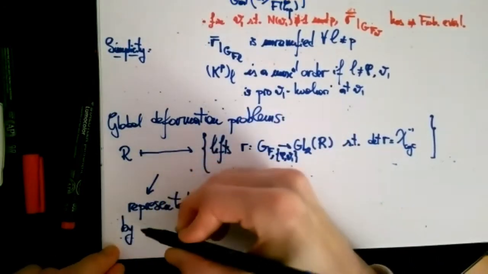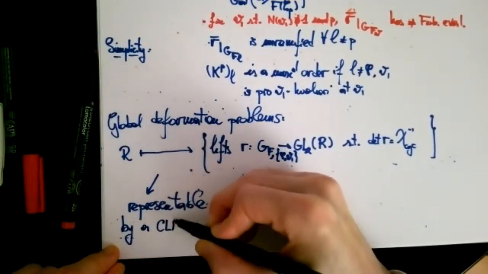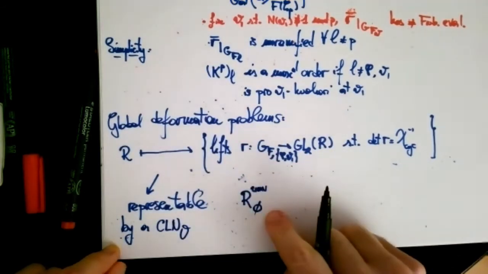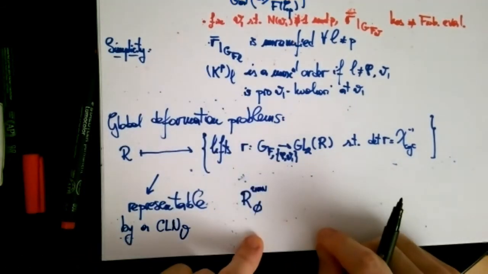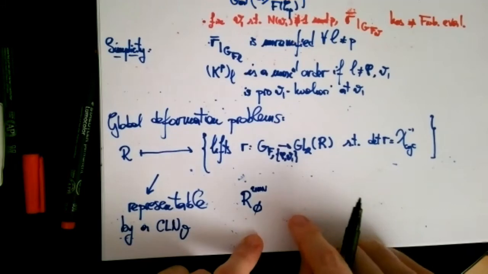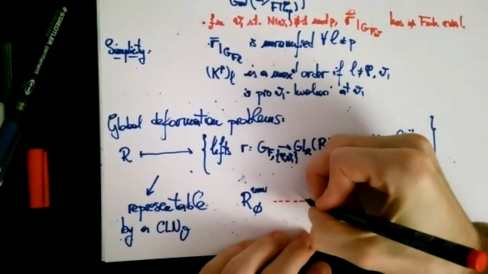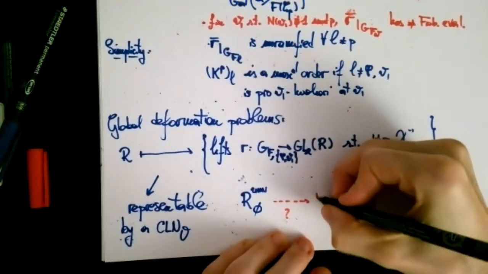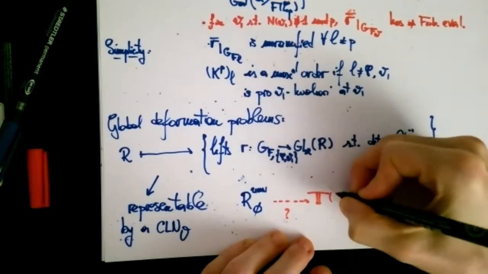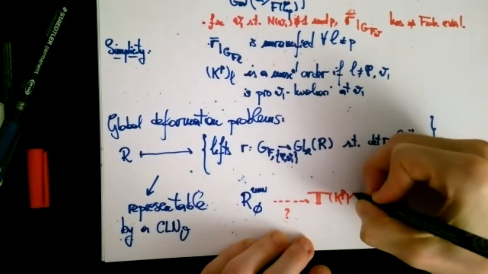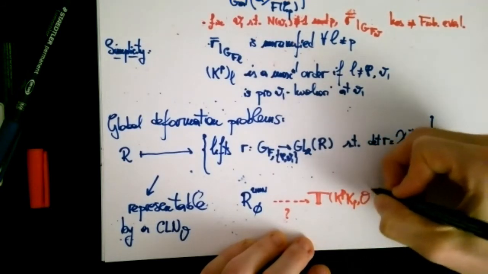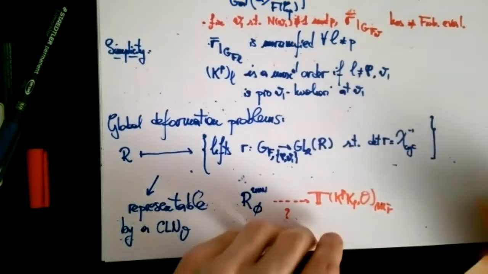We want now to have a morphism from here to our Hecke algebra localized at M. So how do we do that?